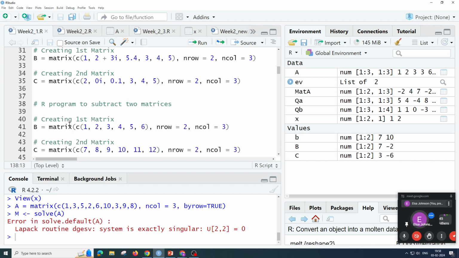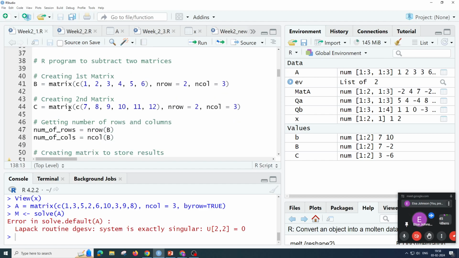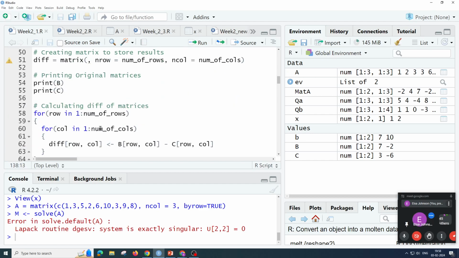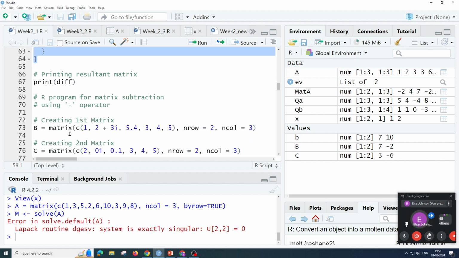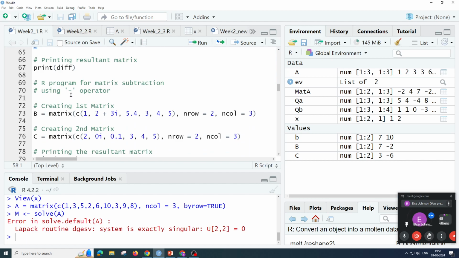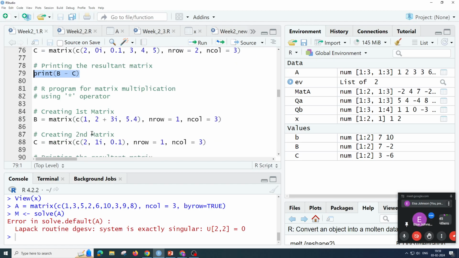Directly B plus C you can do. Likewise, a program to subtract two matrices B and C: first I have shown it with the help of a for loop. That same thing you can do with the minus operator, and if you directly print B minus C, you will get that.